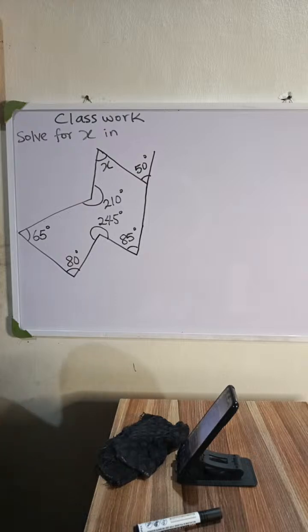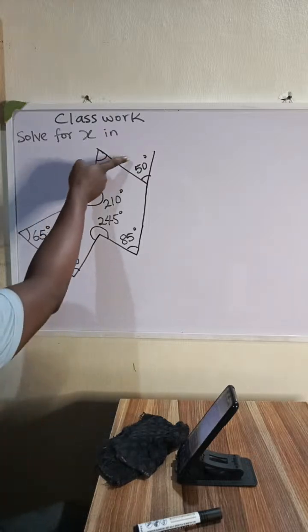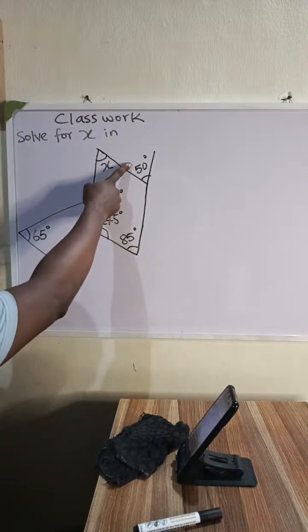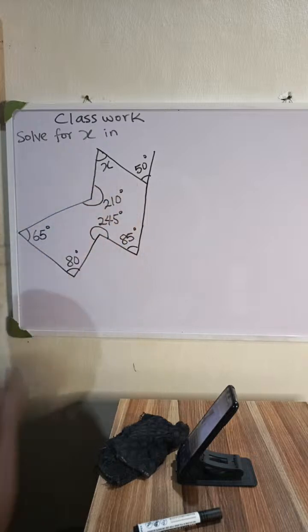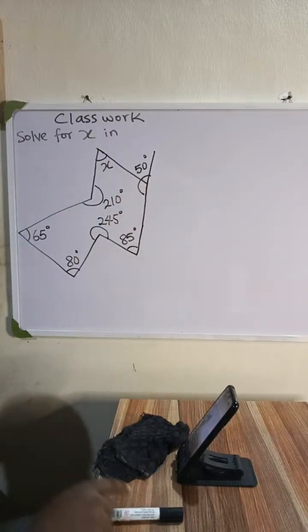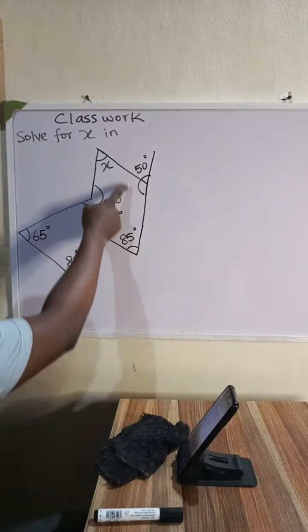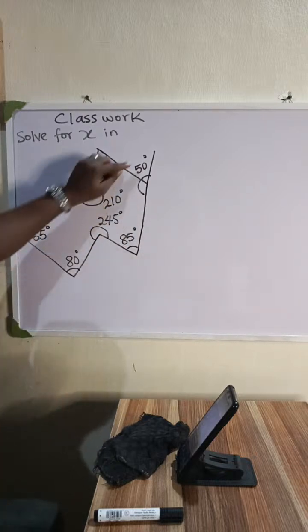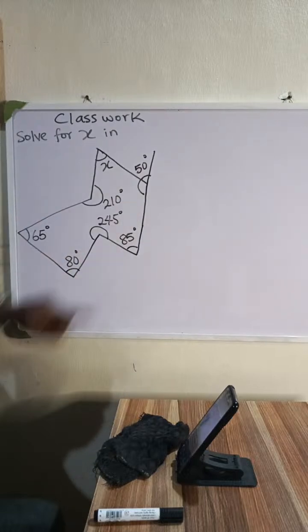But also remember something, 50 here is an external angle. So if you use 50 to calculate, you'll be wrong. Because first thing you need to do, you need to get this angle. That's the angle you use to calculate. You don't use 50, you use this angle, applying sum of angles on a straight line. So if here is 50, what will this angle be?